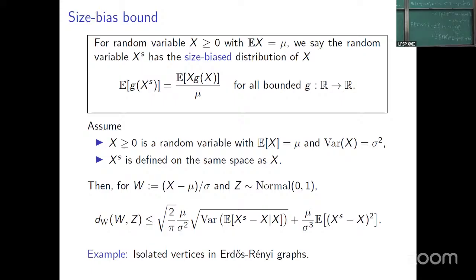So as an exercise, if p is like n to the negative alpha for some alpha between 1 and 2, not including 2, then you can show this Wasserstein bound is the order we want, 1 on sigma, and sigma going to infinity.